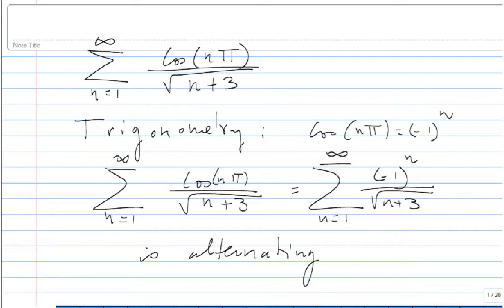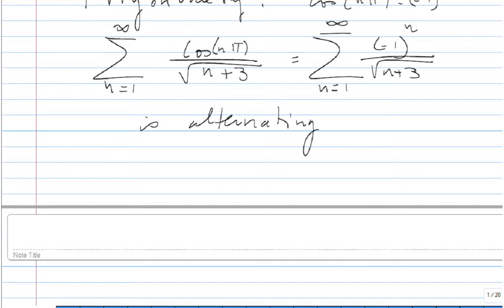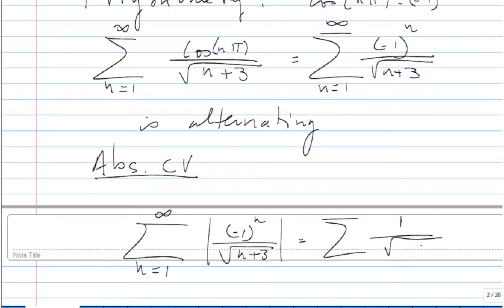So in this case, we can try to use the series of absolute value. If we're going to check for absolute convergence, and we take the series of absolute value, we're going to find the sum of 1 over square root of n plus 3.